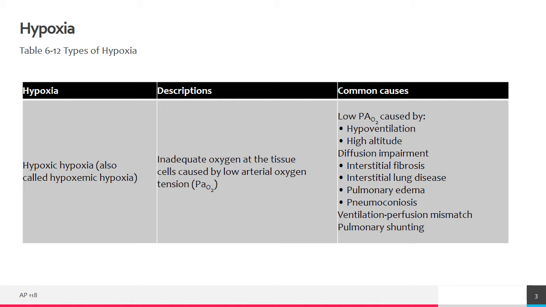So, these will also result in inadequate content of arterial oxygen. Common causes of a low alveolar oxygen tension include not breathing enough or hypoventilation, and high altitudes, like someone climbing to the top of Mount Rainier.